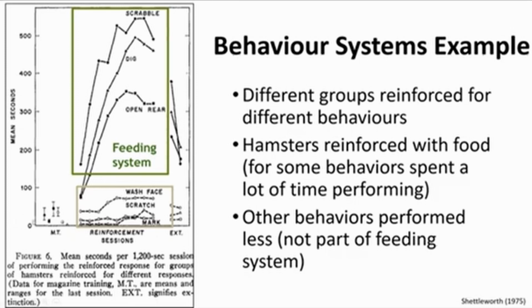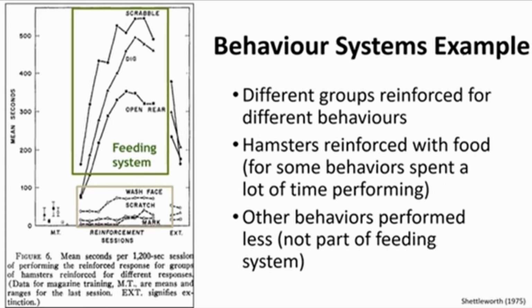And so when we're looking at this graph here, we have the mean amount of time during a particular trial that they would spend doing the behavior that they were being reinforced for. And at the beginning here, this MT section is actually just for magazine training. It's basically our baseline, when they were being taught how to use the feeder in their operant box.